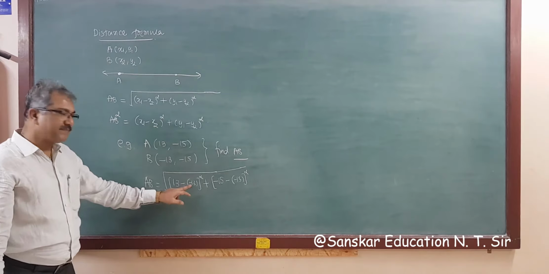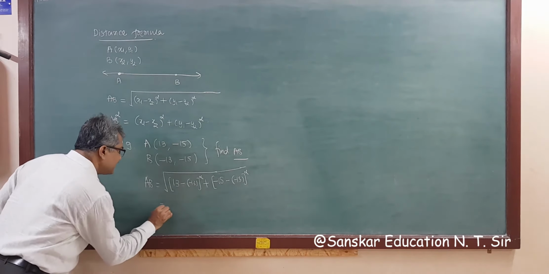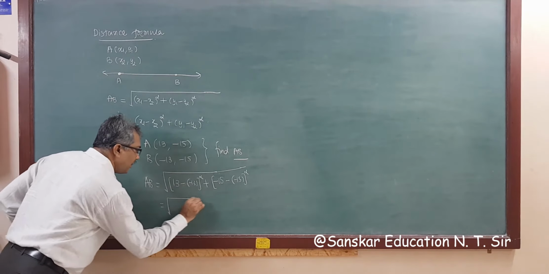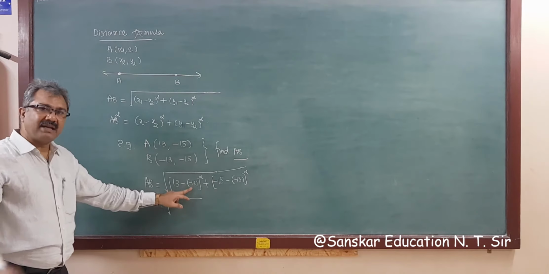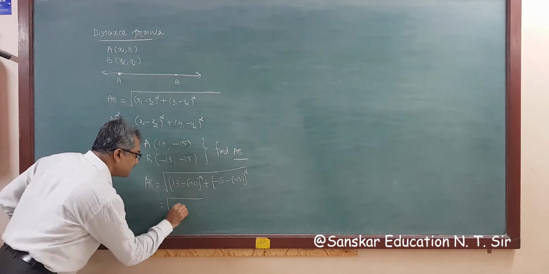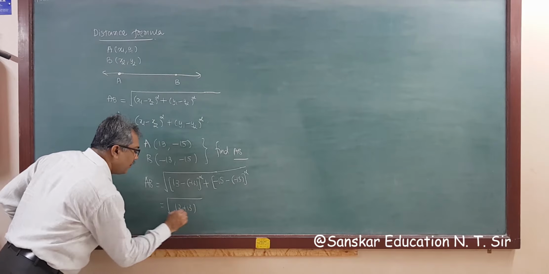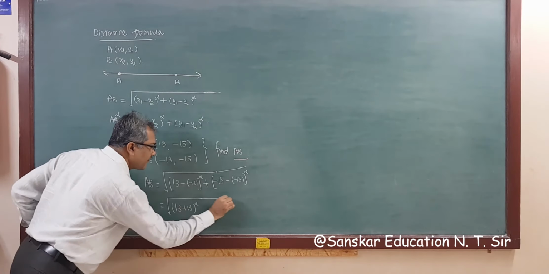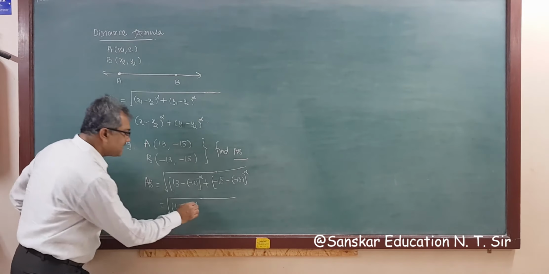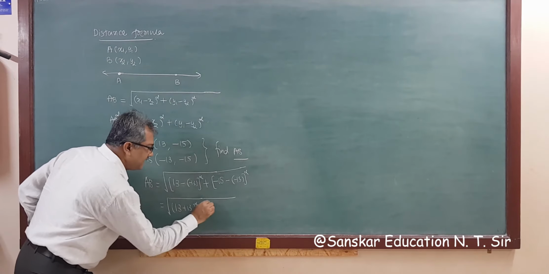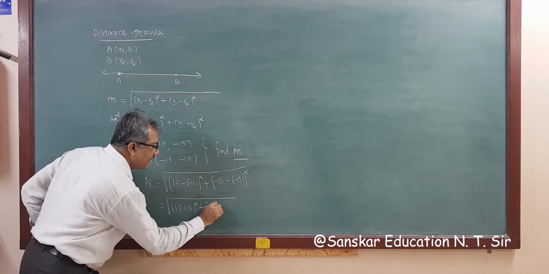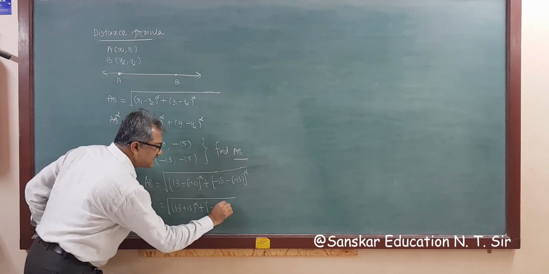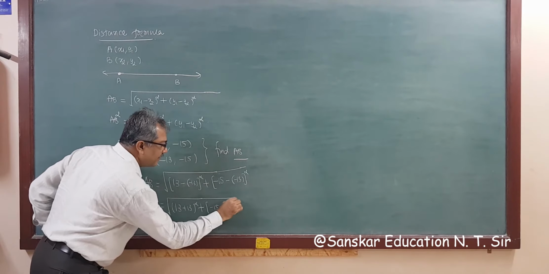Now, minus minus becomes plus, so this is the square root of (13 plus 13) whole square plus (minus 15 plus 15) whole square.